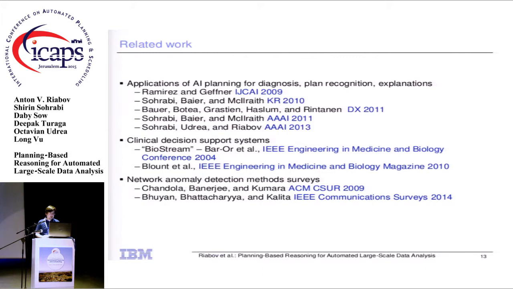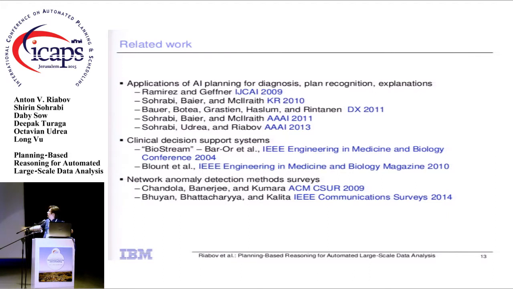So there is some related work in this area, and primarily this kind of applications of planning have been studied in several related flavors. The first one is a plan recognition paper by Ramirez and Geffner that uses planning for plan recognition.